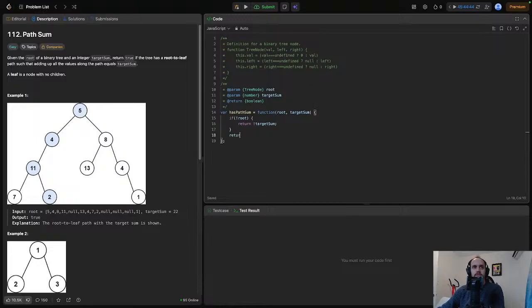But otherwise we need to do return hasPathSum root.left, target sum minus root.val, referring to the documentation up here, or hasPathSum root.right, target sum minus root.val. Just cache the value.